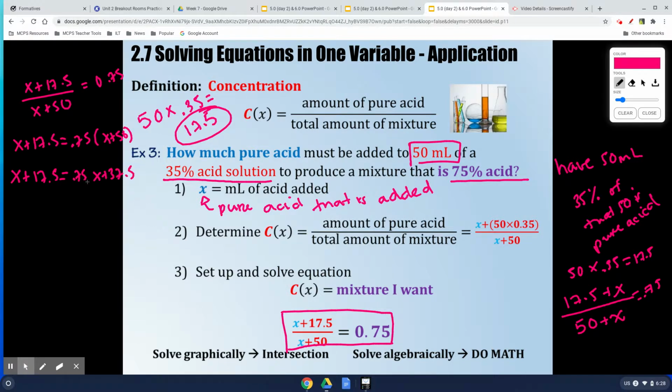And then it's a two-step equation from this, right? So I can subtract 0.75X. We know that one, 1 minus 0.75, or 3/4. 0.25X equals, when I subtract 17.5 from that side, I get 20.